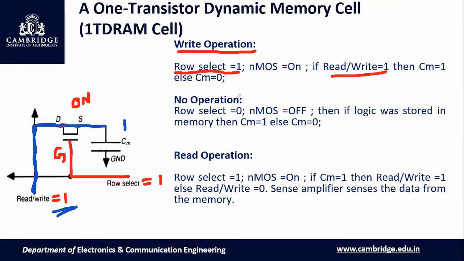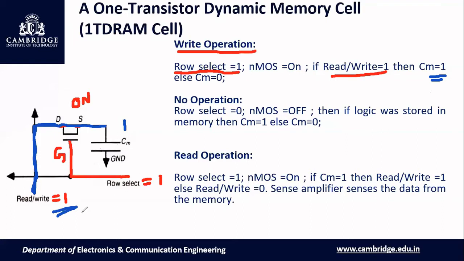If I make row select 1, this NMOS will be on. If NMOS is on, whatever data you are giving to the read or write line will be passed by this pass transistor, and this capacitor will be holding that particular data. If read or write is 1, then CM will be having 1.